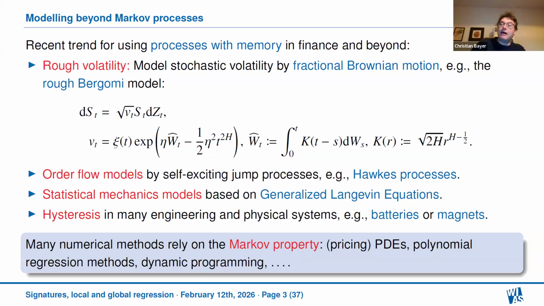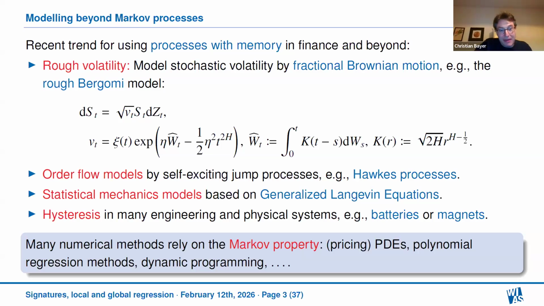For instance, your mobile phone has a battery, and the future evolution of the capacity of the battery does not just depend on the current capacity, but it also depends on the way it was used before. So, for instance, how many cycles of charging and discharging, how fast charging and discharging happened, and so on. A classical example is magnets, actually.